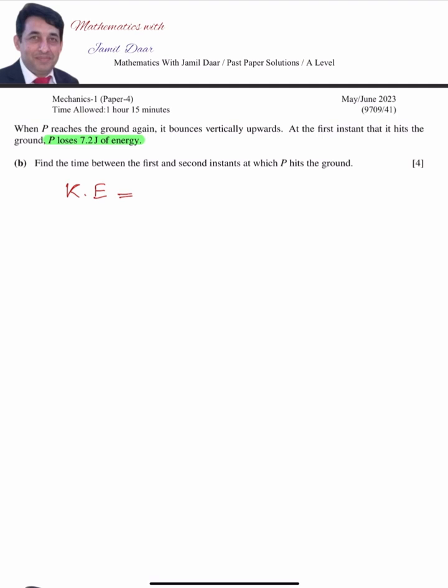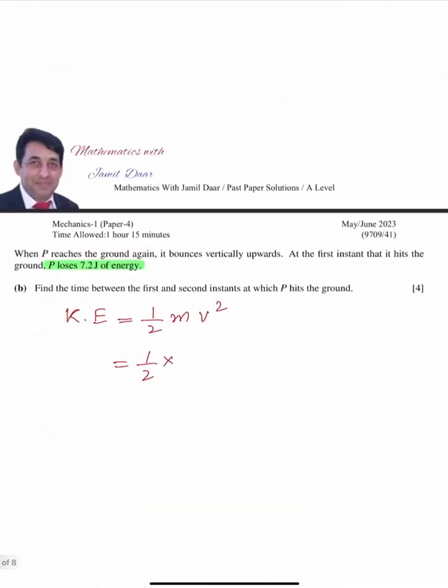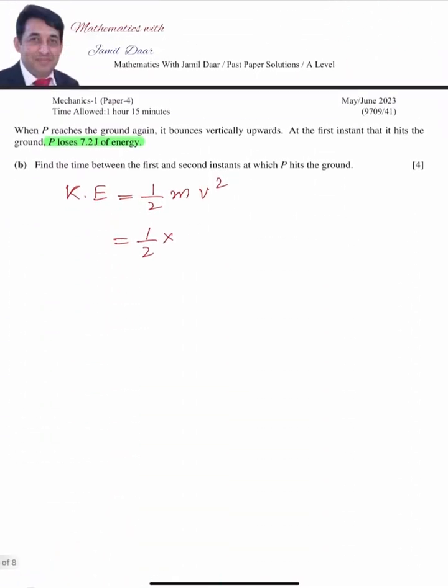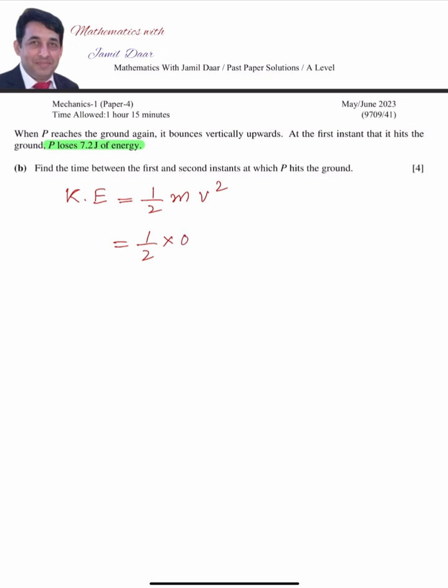That is half mv square. So that is 1 over 2 into m, which is 0.4, into 10 square. So that is 20 joules.